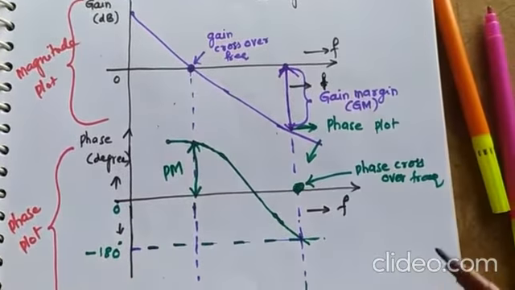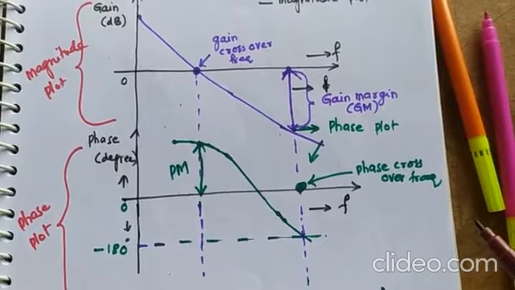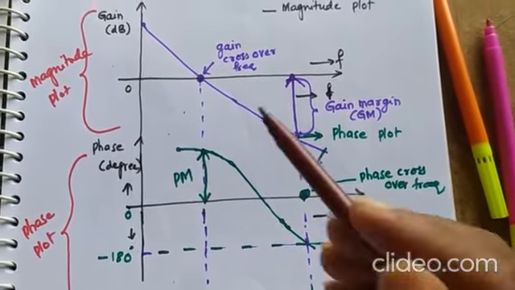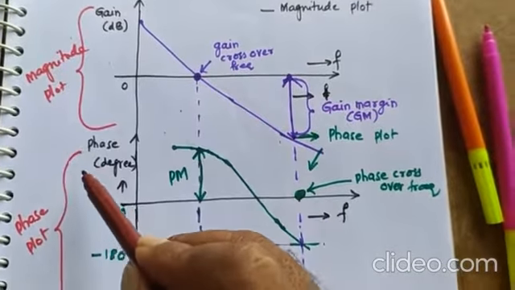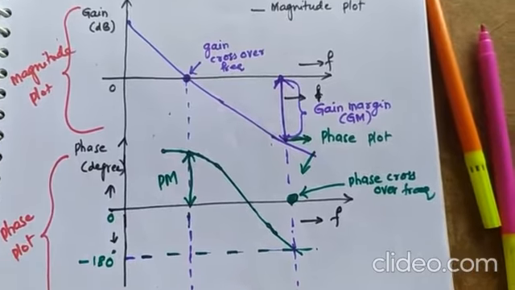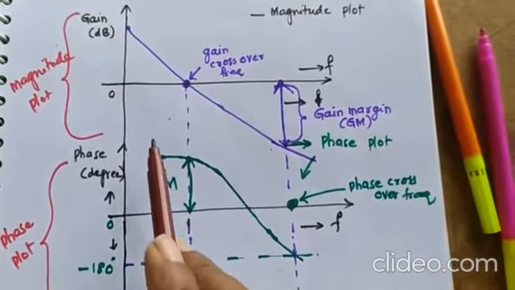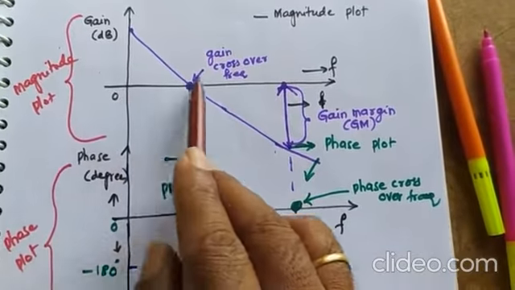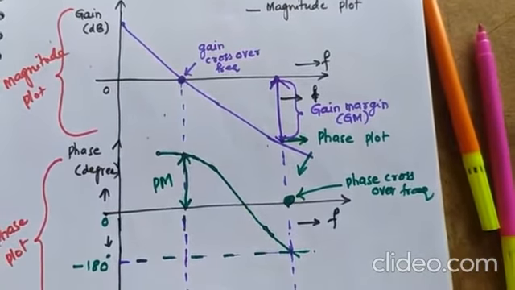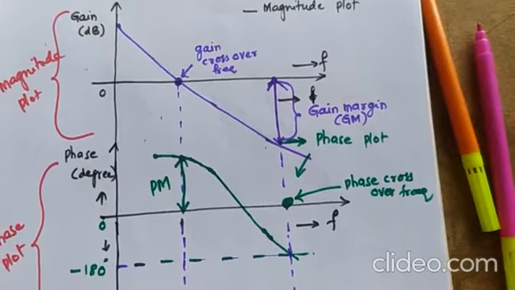The Bode plot is divided into two plots: the magnitude plot and the phase plot. While drawing it, let us consider a sample magnitude plot and a phase plot.